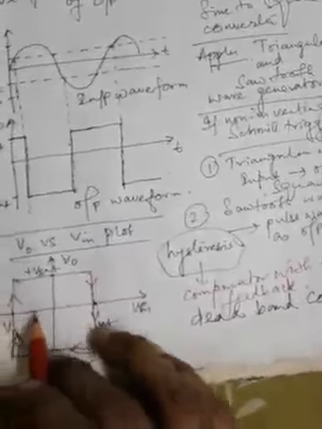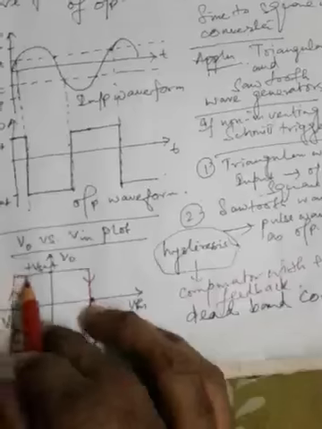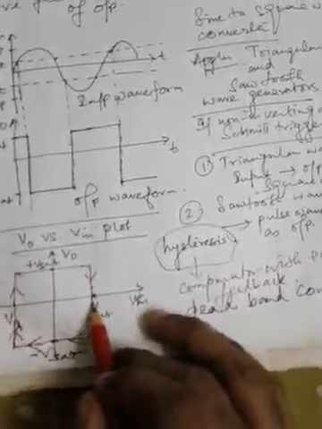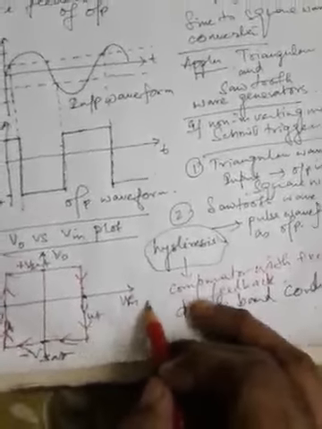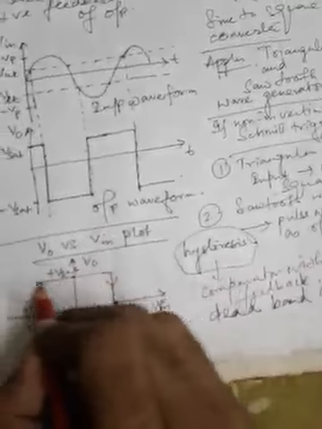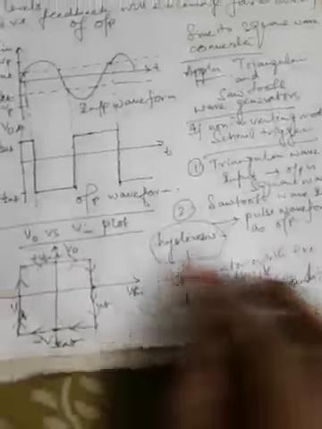Now if we once again increase Vin in the positive direction, it will maintain this plus Vsat level till the input voltage is equal to VUT. But when input voltage is greater than VUT, once again it will come down along this branch of the curve. So in this portion, the direction should be towards right.